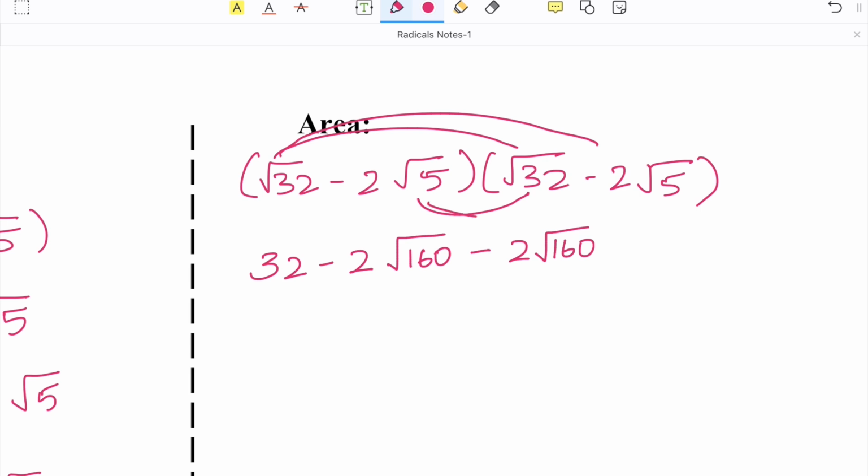Same thing over here, positive 4, because 2 times 2 is 4, and then root 5 times root 5 is 5. So 32 minus 4 root 160 plus 20.